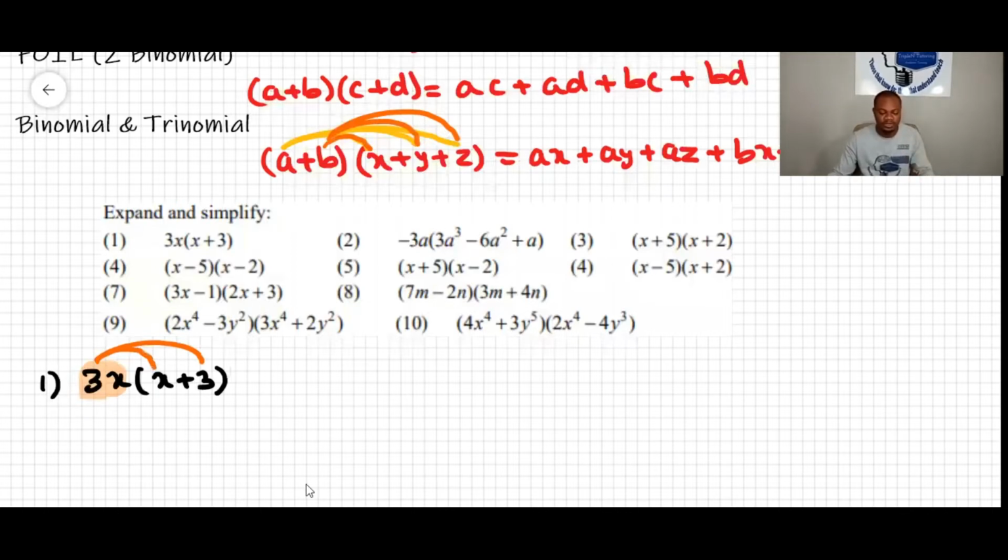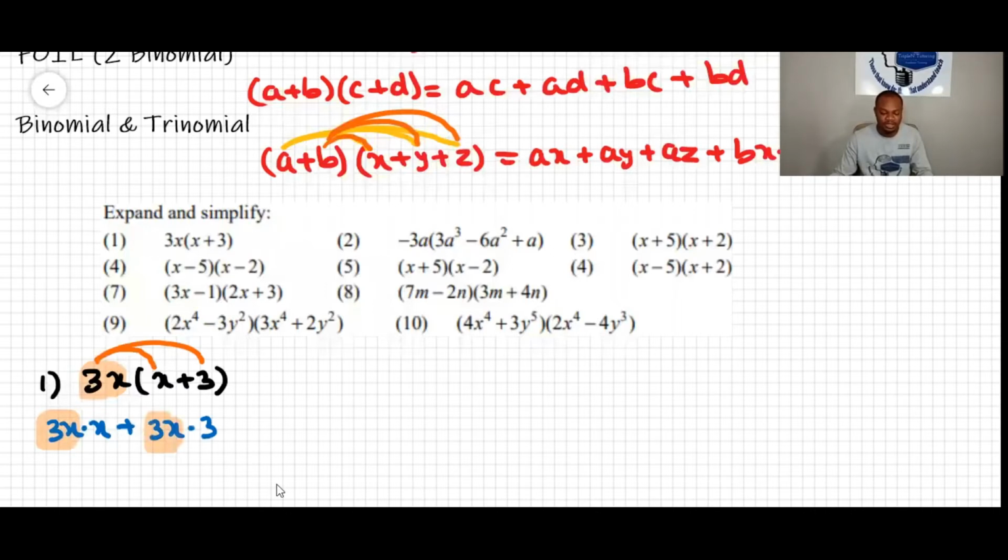So this will be 3x times x plus 3x times 3. It's the same 3x that we multiply with x inside the bracket and with the 3 inside the bracket.